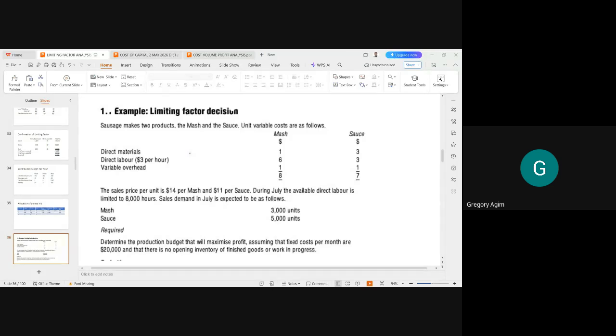Three hours are needed for one unit of sauce, so 5,000 units need 15,000 hours, plus 6,000 hours for mash. The total hours required is 21,000, while the available hours is 8,000. There is a shortage.